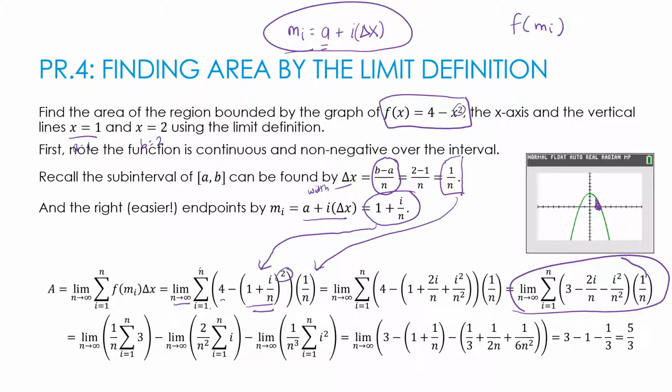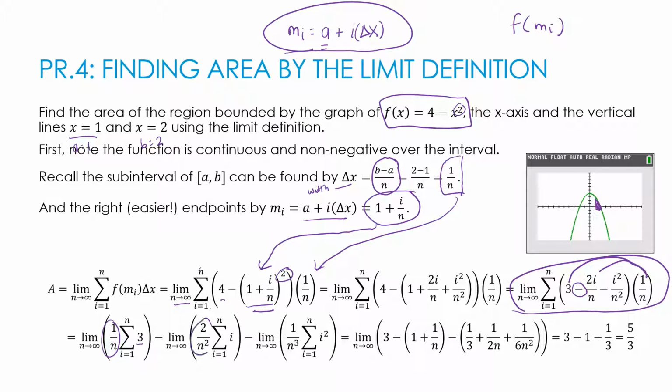And then what I did is I essentially distributed. So I said 3 times 1 over n is 3 over n, which I wrote as 1 over n times the summation of 3. And again, notice that I'm purposely writing these summations in a way that I can use those summation formulas that I came up with before. Then I'm subtracting 2i over n squared.